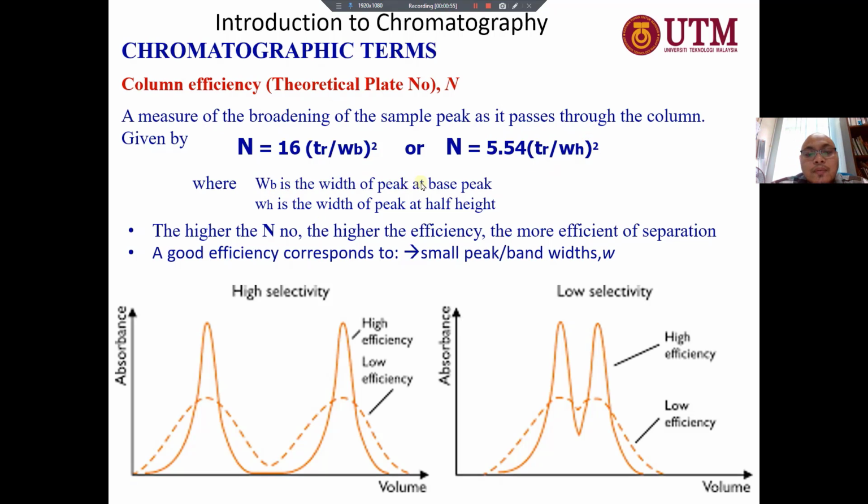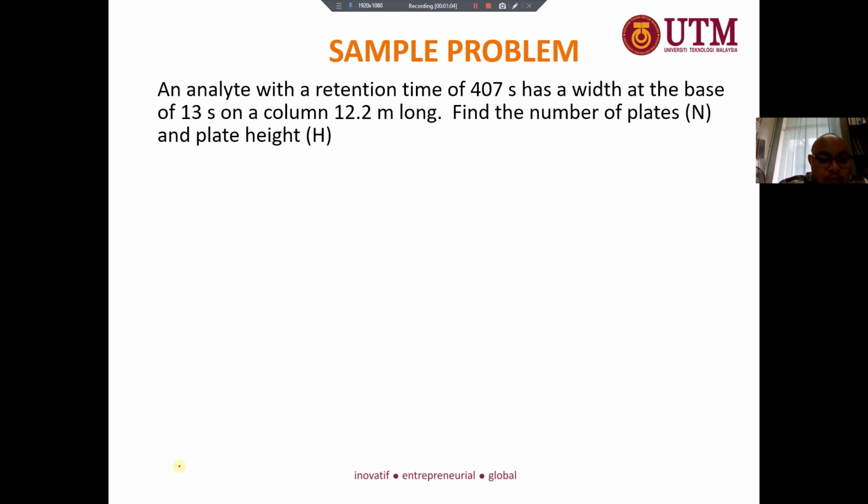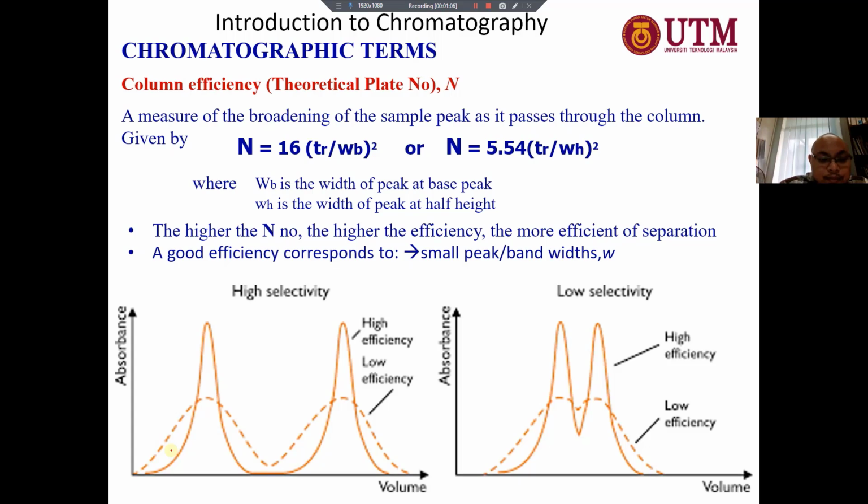WB is the width of the peak at the base. WH is the width of the peak at half height. For example, here is the WB. For WH, you need to determine the height and then measure the width at half height. So here is WH.